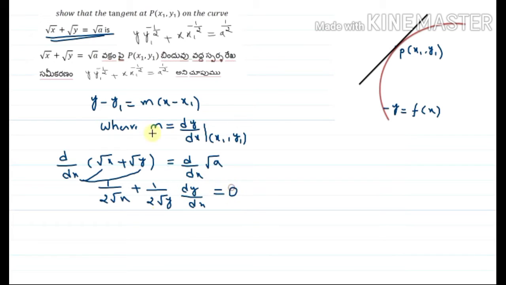Derivative of constant is 0. So here multiplying both sides with 2, these 2 get cancelled, and dy by dx into 1 by root y is equal to minus 1 by root x. dy by dx is equal to minus root y by root x.